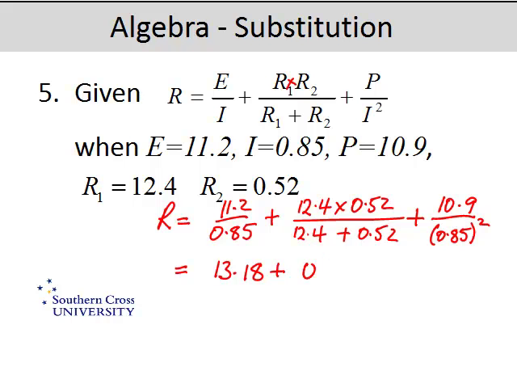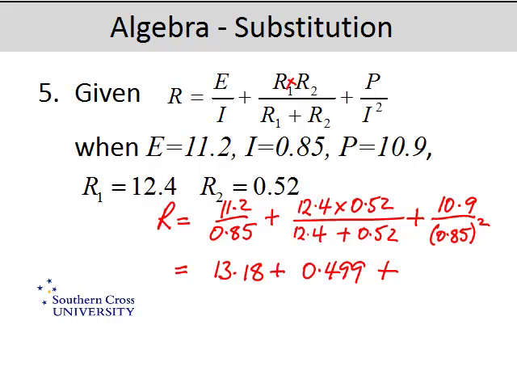That comes out to 0.499. And with this one, we need to work out what 0.85 squared is, and save that or write that down and then do 10.9 divided by that.